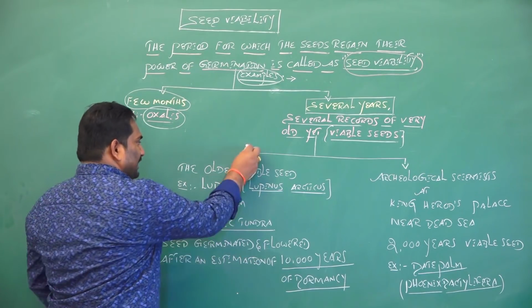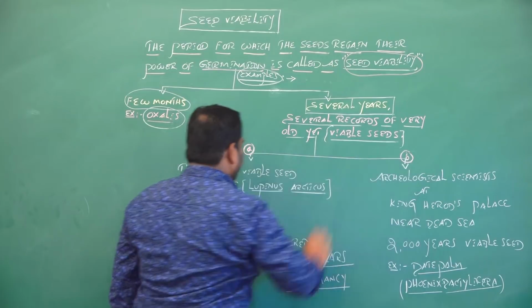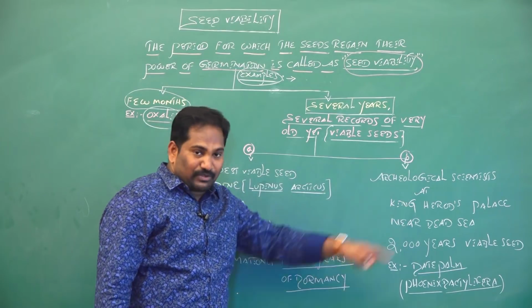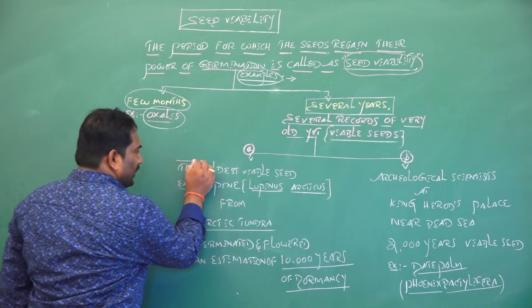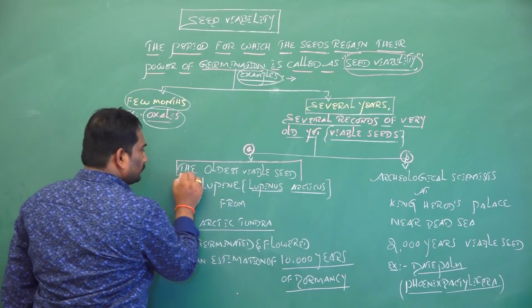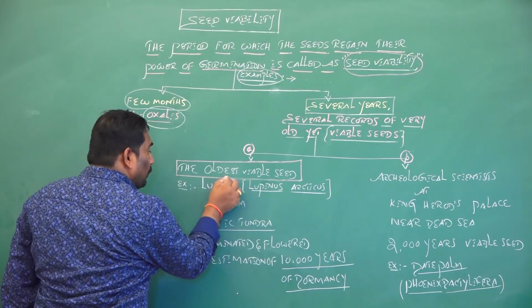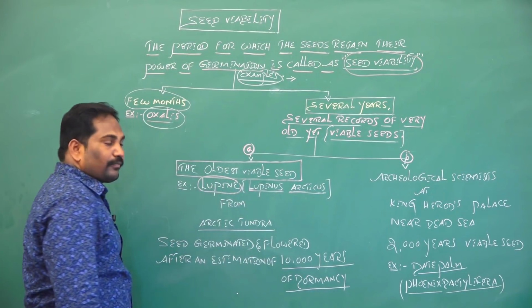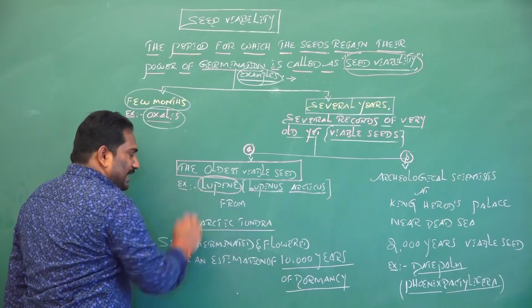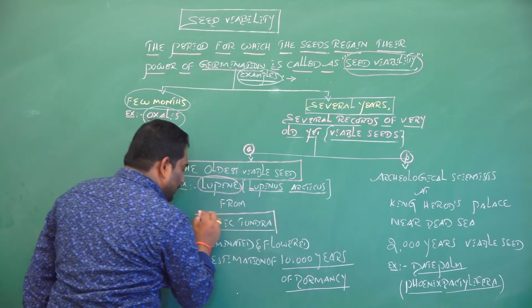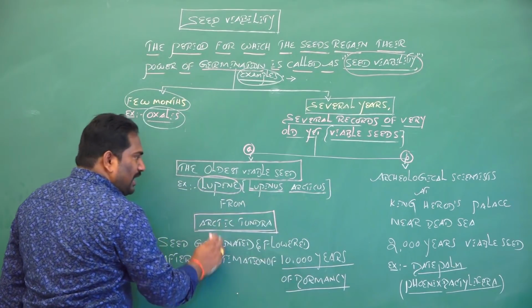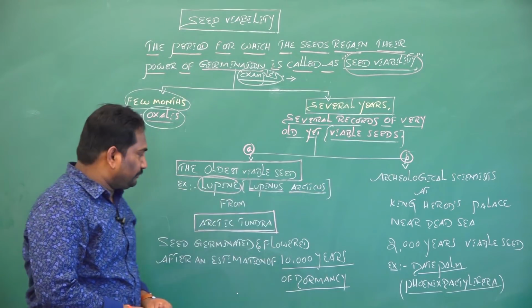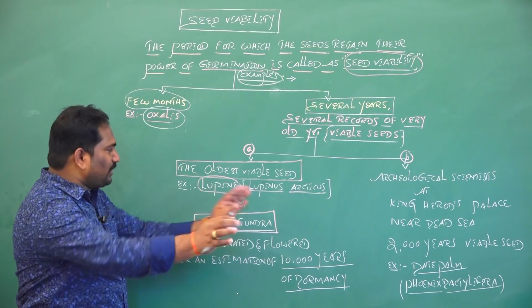Here I am giving two examples, A and B, of very old yet viable seeds. The oldest viable seed is lupine, scientific name Lupinus arcticus. It was first identified from the Arctic tundra region and recorded as a viable seed.